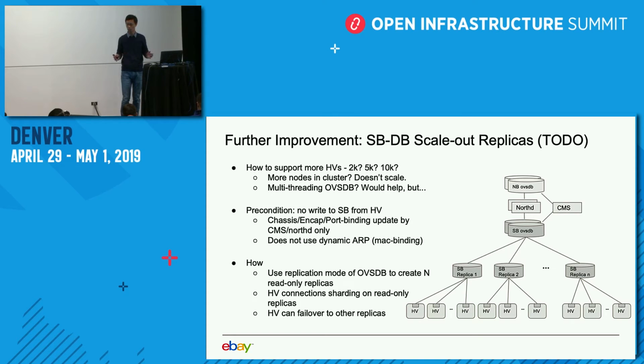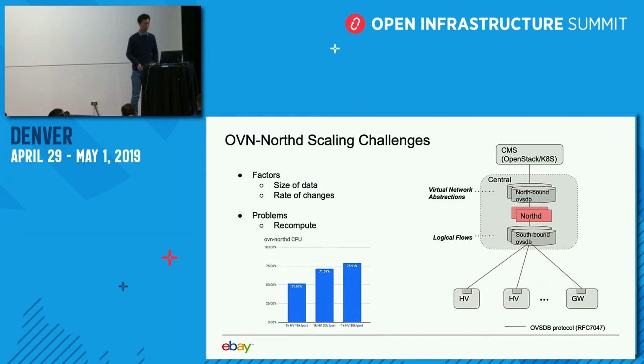You can imagine you have 10 such nodes, each supporting just 1,000 nodes, and then you have 10K nodes supported. I think it's a very good way to scale out in the future. And next, the bottleneck is ovn-northd, the daemon in the north, but it's not a single point of failure.